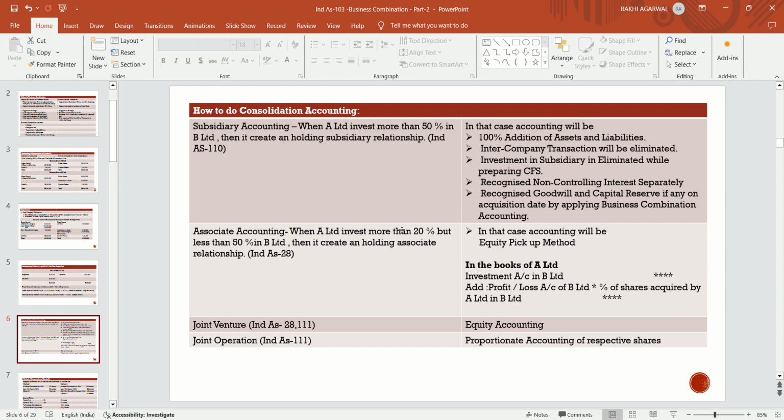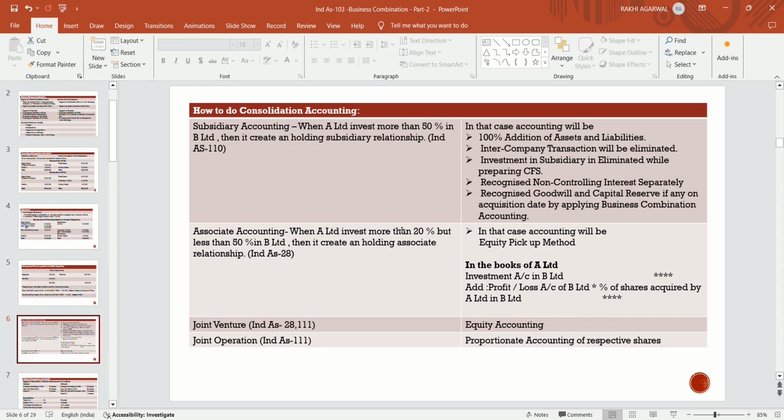In case of associate accounting, if they acquire more than 20% but less than 50%, and it creates a holding-associate relationship, then Ind AS 28 is to be followed, and the equity pickup method will be followed. What happens in the books of A Limited, which invests in the associate: whatever percentage they acquire in B Limited is to be added in the books as investments, and it should also be charged to the profit and loss account.